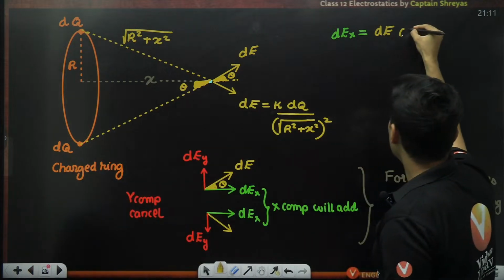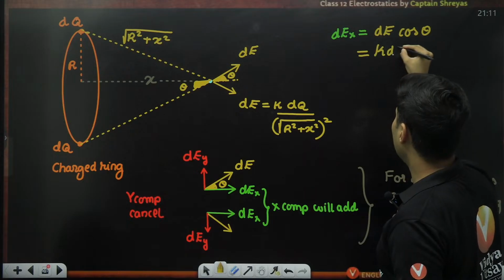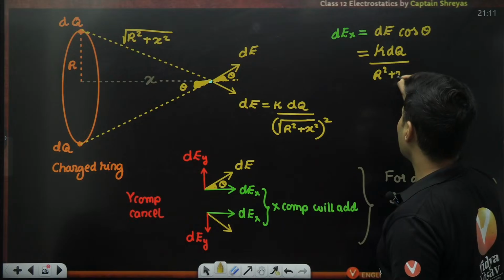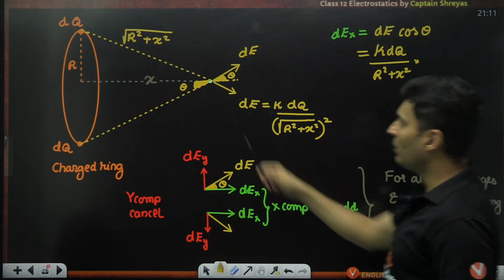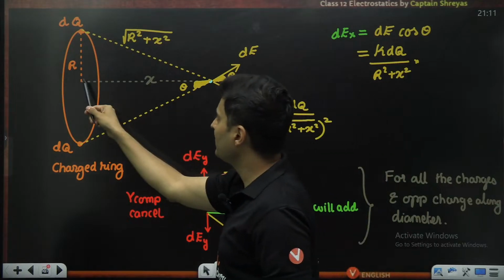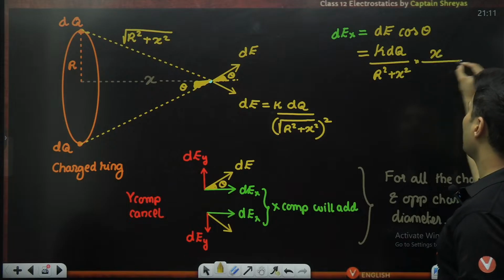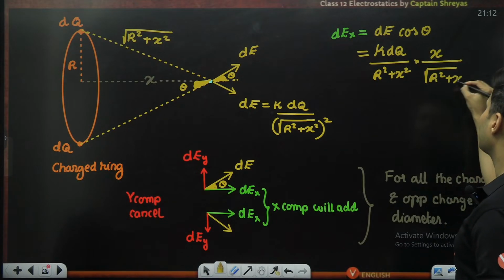So dE cos theta. The dE value I just told you: it is k into dq, the whole thing divided by r square plus x square, because root and square will cancel, multiplied by cos theta. What is cos theta? Adjacent side by hypotenuse. So the adjacent side is x, the hypotenuse is root of r square plus x square.